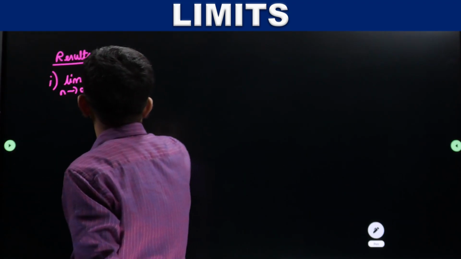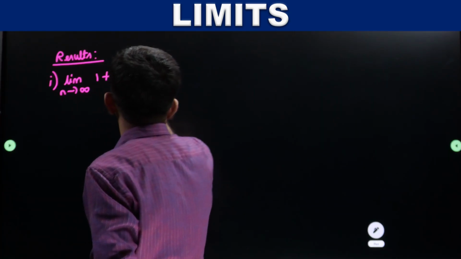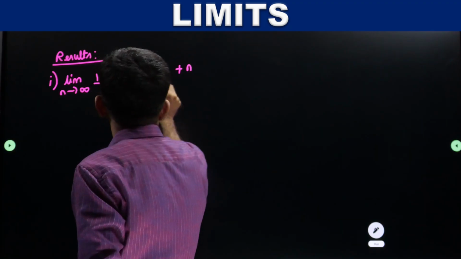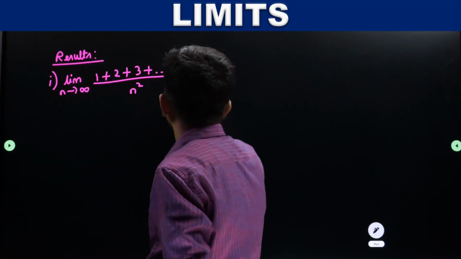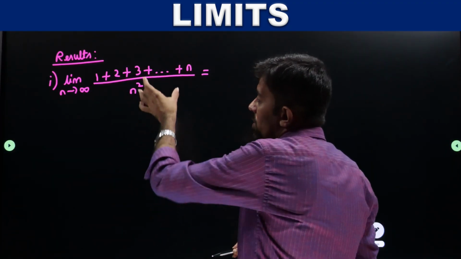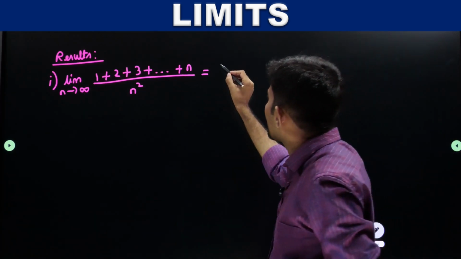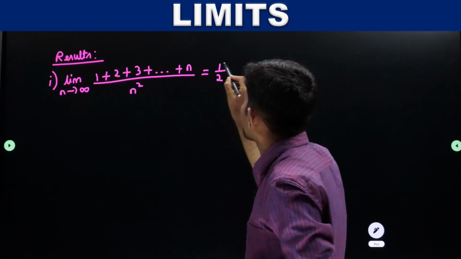Some of the results. Limit n tends to infinity of (1 plus 2 plus 3 and so on up to n) divided by n square is going to be equal to, the numerator is the summation of n, n into n plus 1 by 2, divided by n square. You'll get the ratio of the leading coefficients as half.